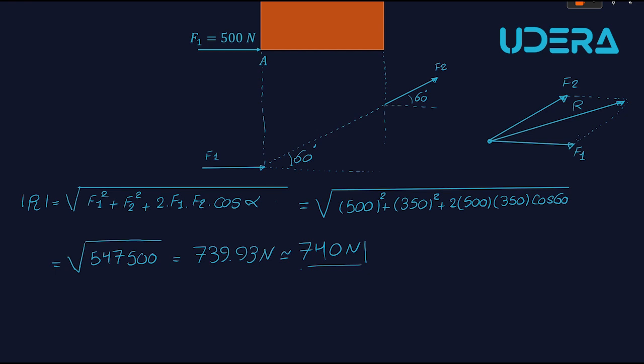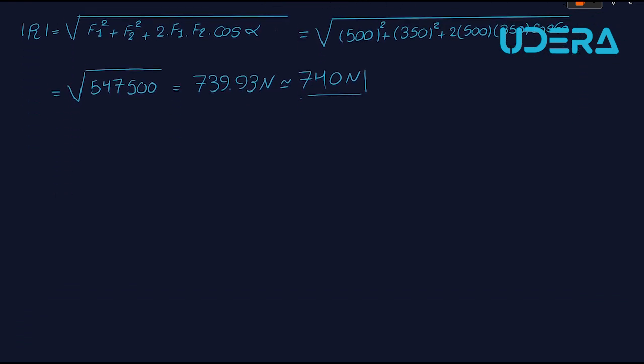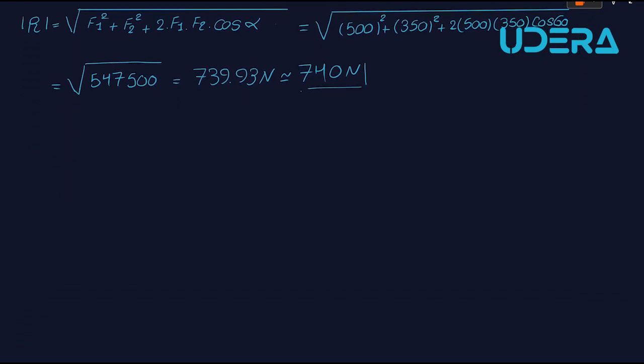The next step is to find the x and y components of the resultant vector. So for that, I consider 2D plane x and y.